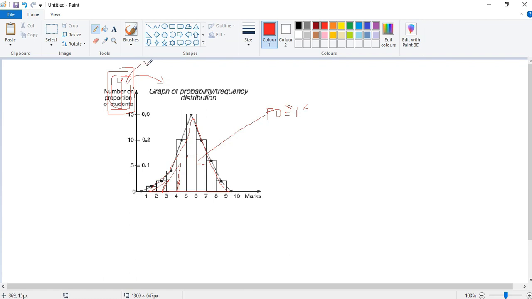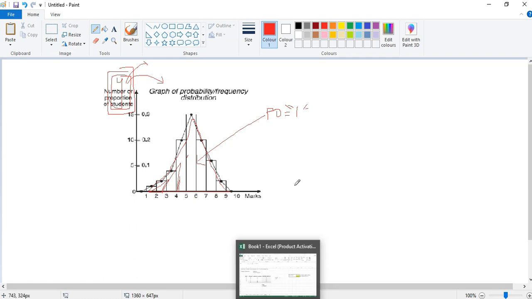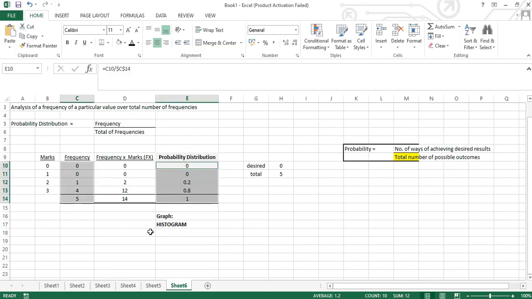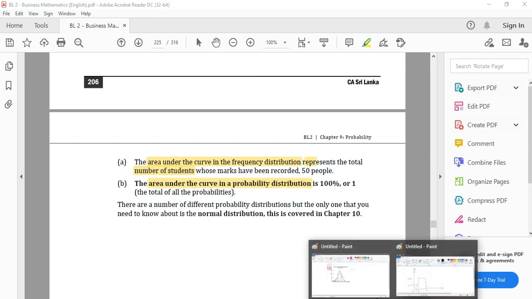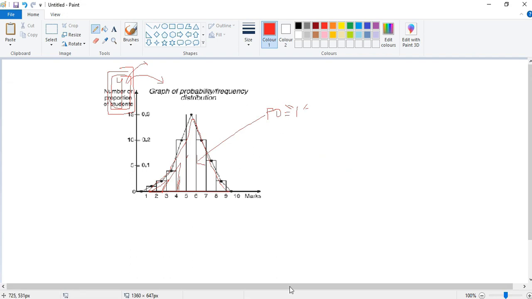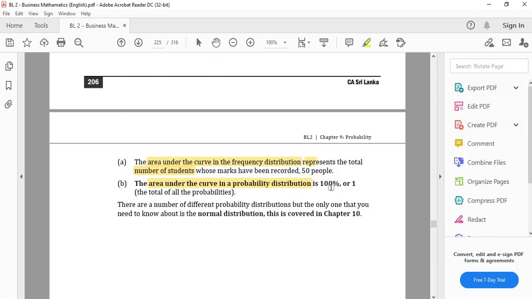It can be two situations. Right? So that's why they say area under the curve in a frequency distribution is the number of students, but area under the curve in a probability distribution, which is what we just saw, is 100% or 1. Okay?